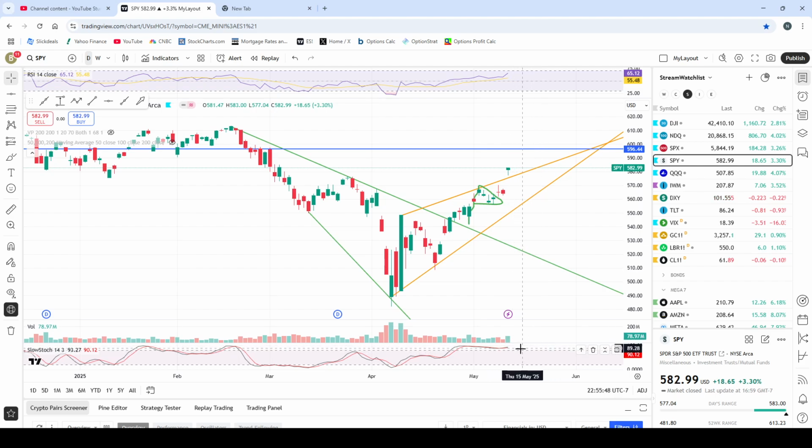So up here is overbought, down here below 20 is oversold. So right now it's overbought. The chances for it to pull back are higher now.